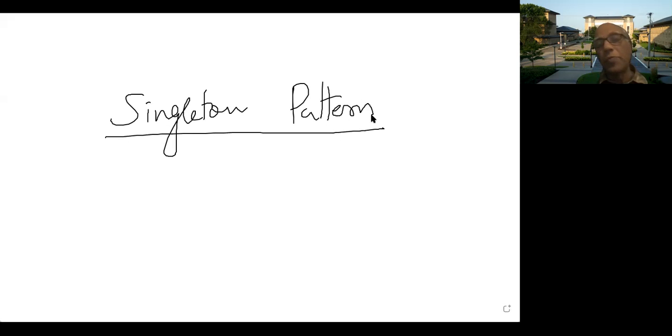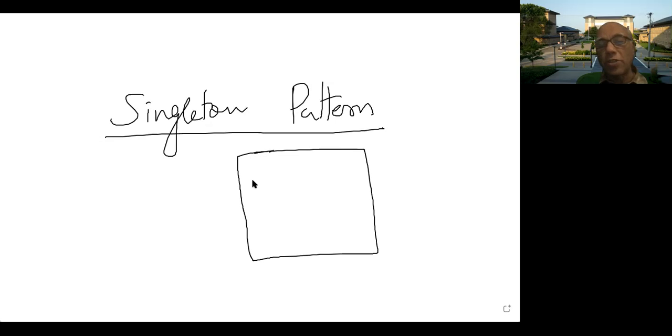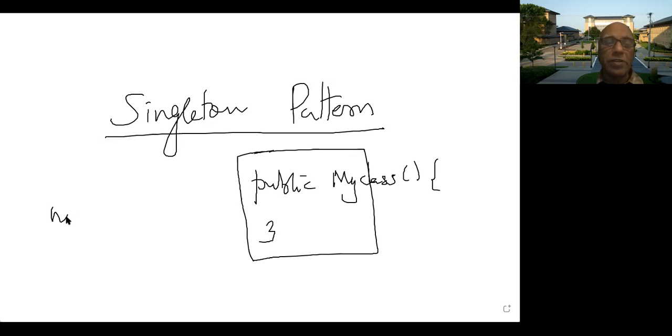Okay, so if you have a class, normally you put a public constructor. If my class is your class name, then you put a public constructor. So anybody can create an instance.